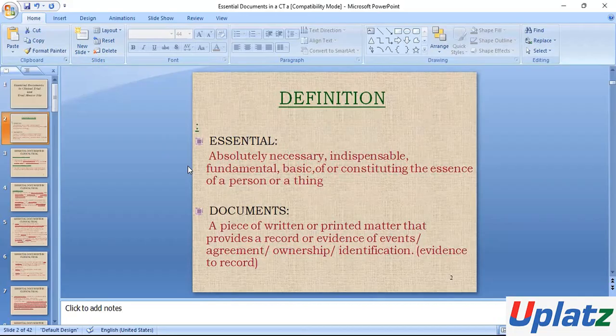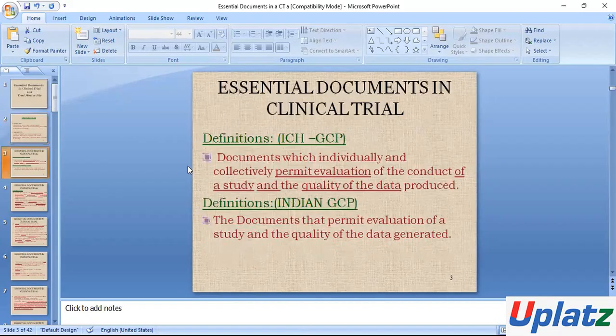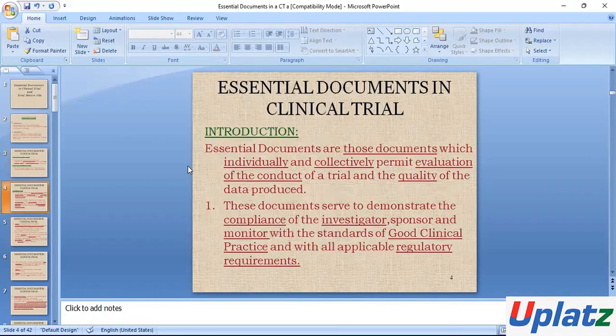Let's move to next slide. So the definition as per ICH GCP is documents which individually or collectively permit evaluation of the conduct of a study and the quality of data produced. Next slide. So, essential documents in clinical trial.